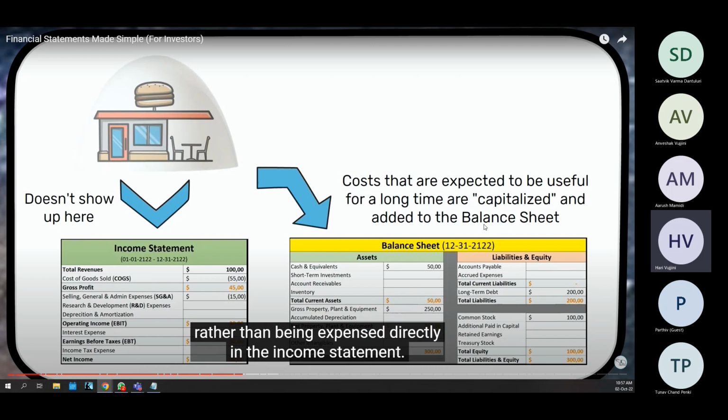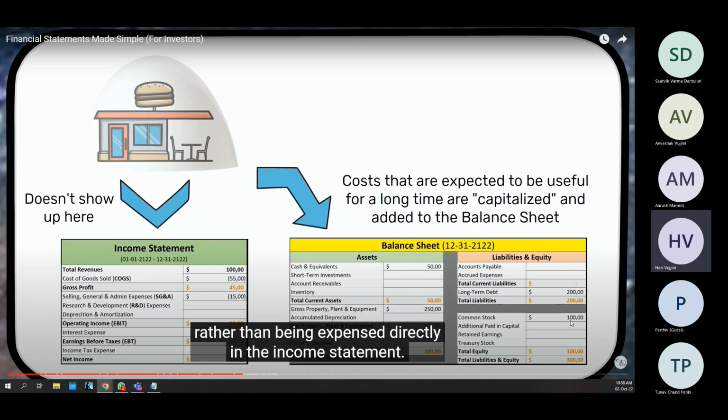But the basic idea is how the income statement, balance sheet, and cash flow statements get updated in real time, as you saw. First, when we saw the income statement, it was all empty, because the business did not make any money. Even in the balance sheet, nothing was there except the $100 of equity that the owner, Bob, put into the business.